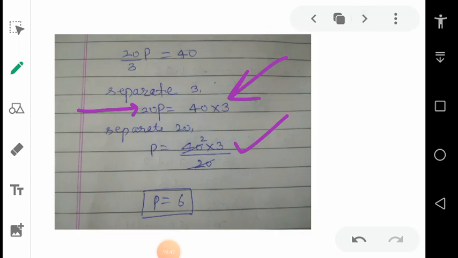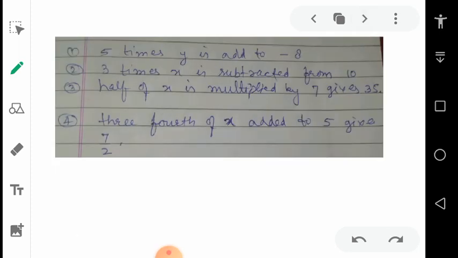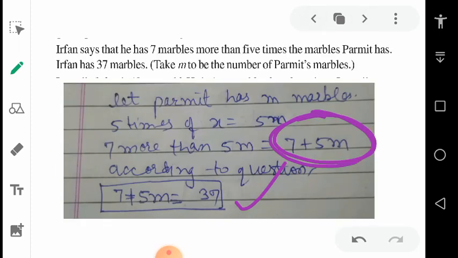A few examples are important here. This one is very important. It is given that Irfan says that he has 7 marbles more than 5 times the marbles of Parmit. So this whole statement is translated into an expression, but we have to make an equation.